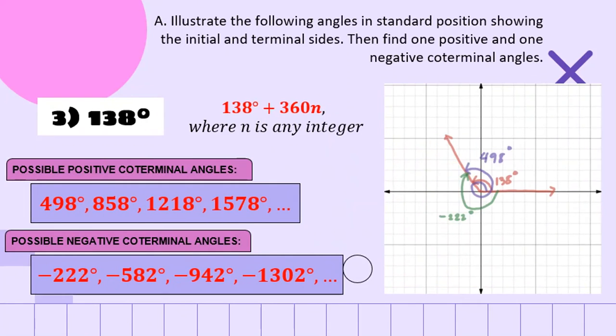Start with the basic angle, 138 degrees. Remember that the interval for each quadrant is 90. So from positive x going to the positive y, that's 90 degrees. And going to the negative x-axis, that's 180 degrees.